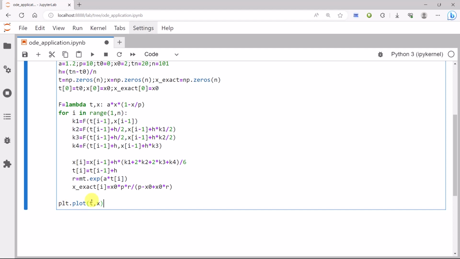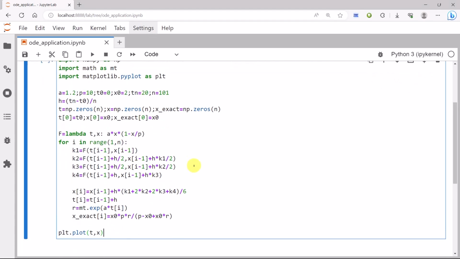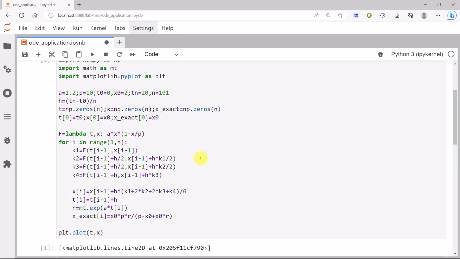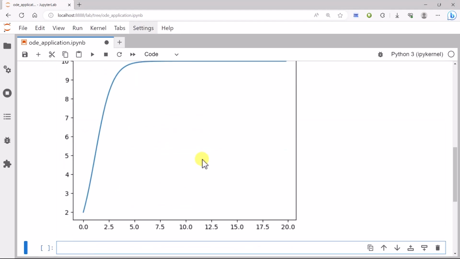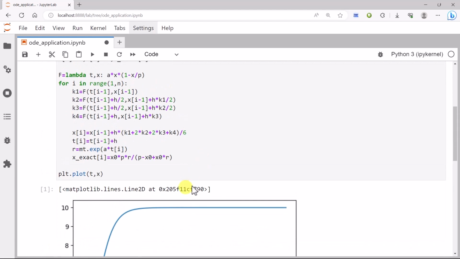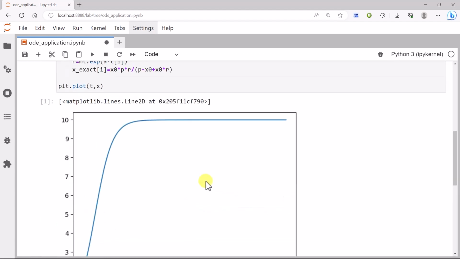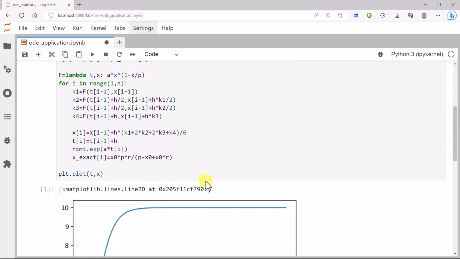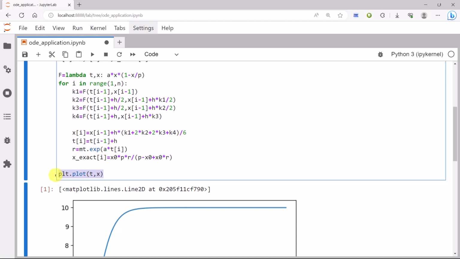Let us see how it comes, and then we'll plot the rest of the things. Okay, so hopefully this is good. Let's try it. You can see that it is giving something. We have to now see if we are getting the right thing. So this is x, so we can plot exact also.